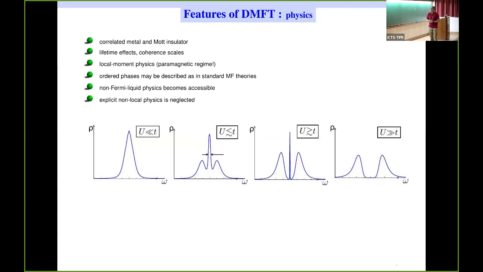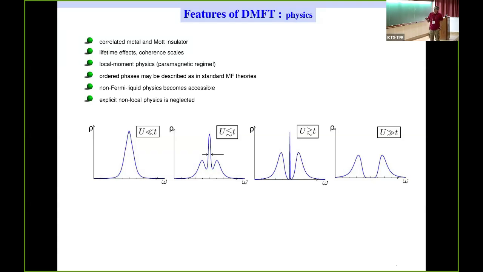Also, you can describe non-Fermi liquid features, that is also included because you have the full frequency dependence of the self-energy. So it's not only linear as in this Fermi liquid solution for a doped Mott insulator in the simplistic manner. It can be also more complicated. It's not linear, but maybe logarithmic or something. This is all included in DMFT already. It depends on your problem, and of course, much more.